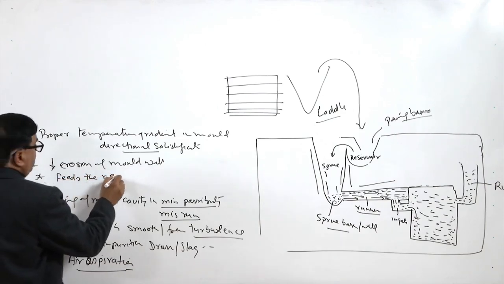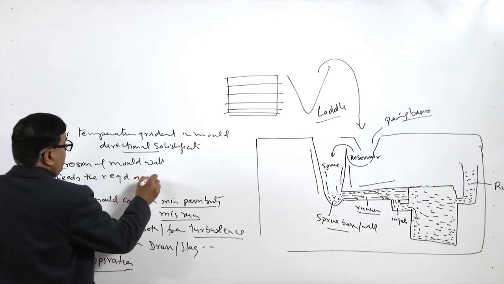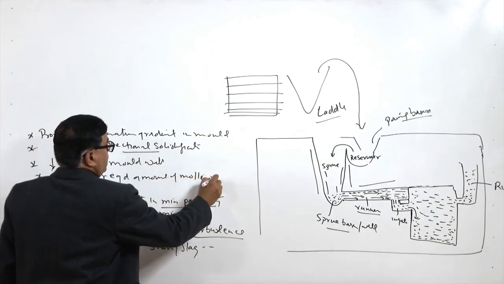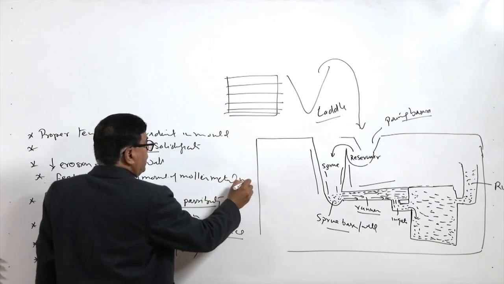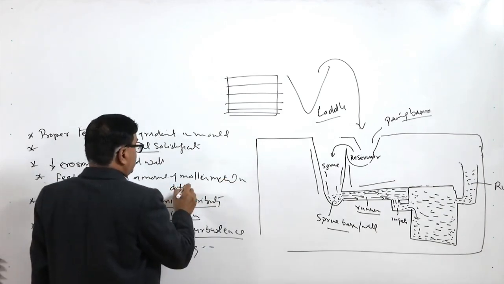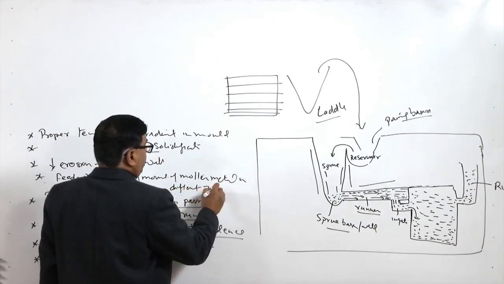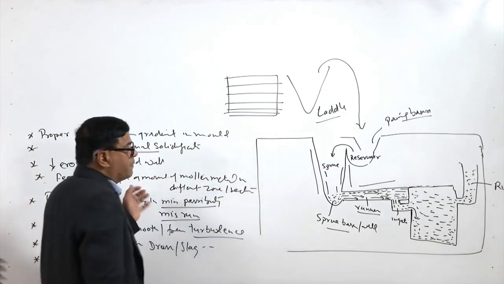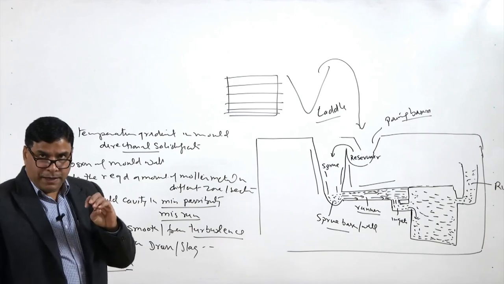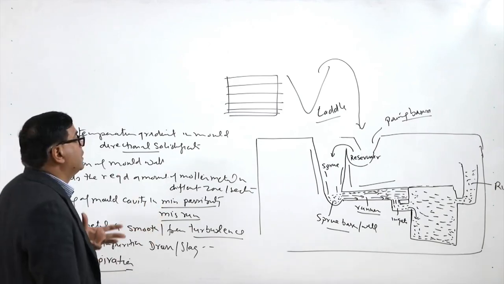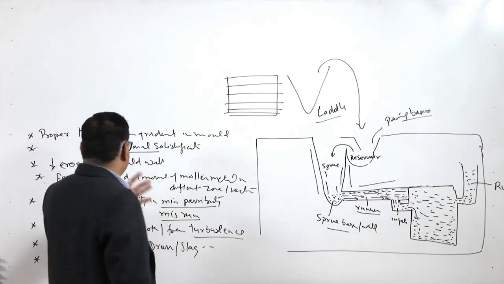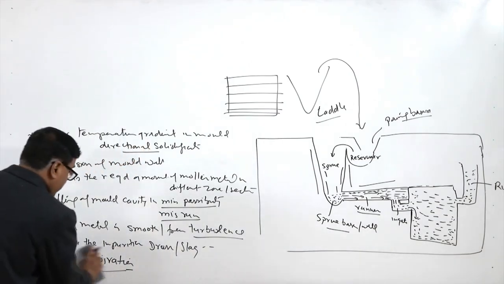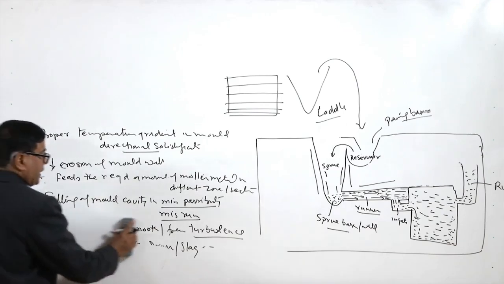The gating system is also designed in such a way that it feeds the required amount of the molten metal in the different zones and sections as required. If it does not happen, then it will lead to incomplete filling of the sections and the cavities, which will lead to the presence of misrun kind of defects.